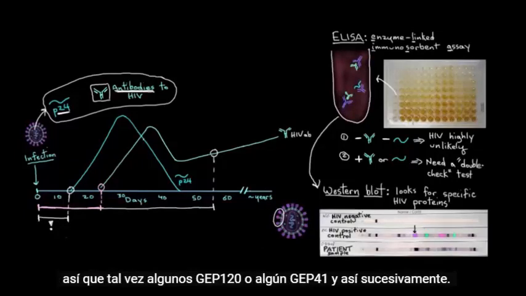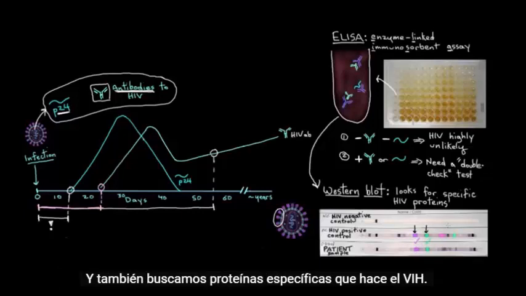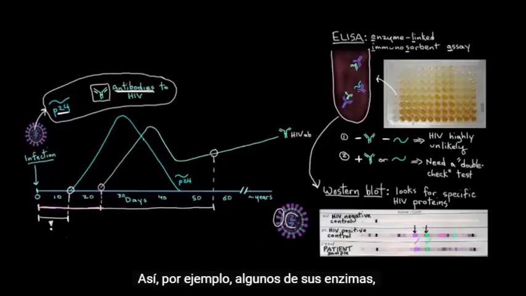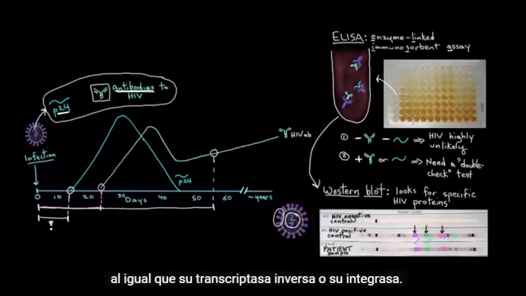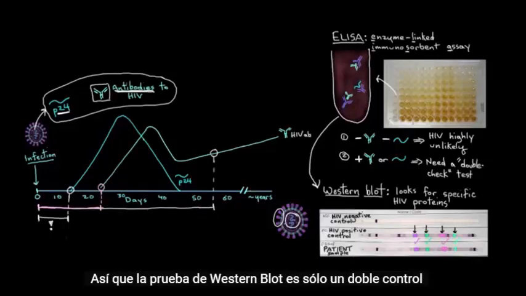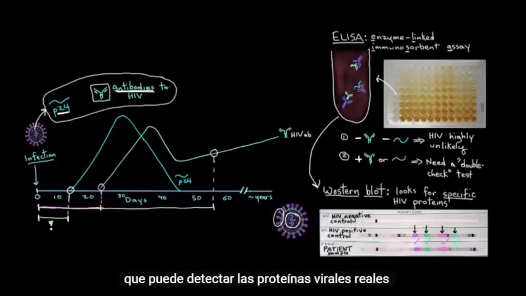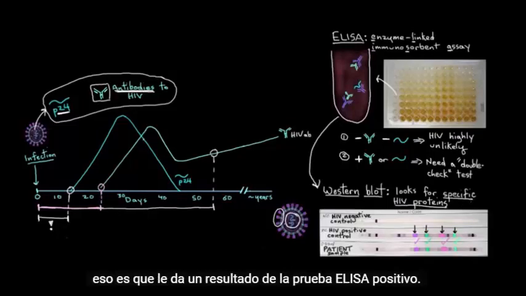So maybe some GP120 or some GP41 and so on. And we also look for specific proteins that HIV makes. So, for example, some of its enzymes like its reverse transcriptase or its integrase. So the Western blot test is just a double check that can detect for actual viral proteins to make sure it's HIV and not something else that's giving you a positive ELISA test result.